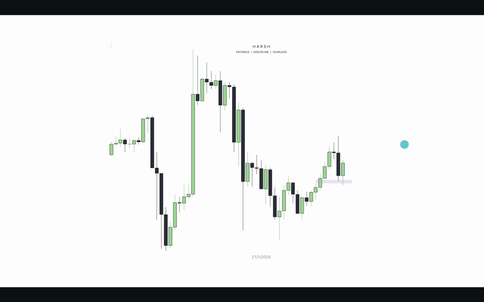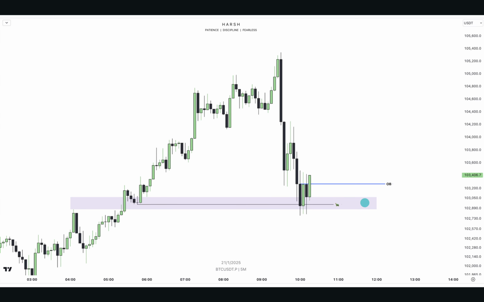Now, if it is a 1 hour key level, we need the M5 structure confirmation or any type of confirmation. I use change in state of delivery or breaker. I'll let you know what exactly change in state of delivery is. Here you could see this is our H1 fair value gap.